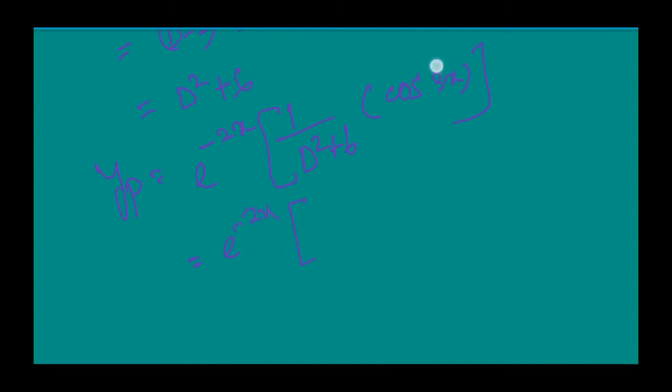Here a is 3, and if we put minus a square as I have done in the previous problem, that means minus 9 in place of D square. This is not equal to 0, so we can directly put minus 9 here. So what will be minus 9 plus 6? This is equal to minus 3. So I can directly write it like this: minus 9 plus 6. These are the solution tricks. cos 3x.